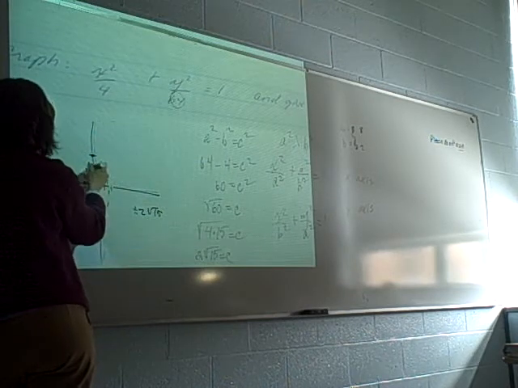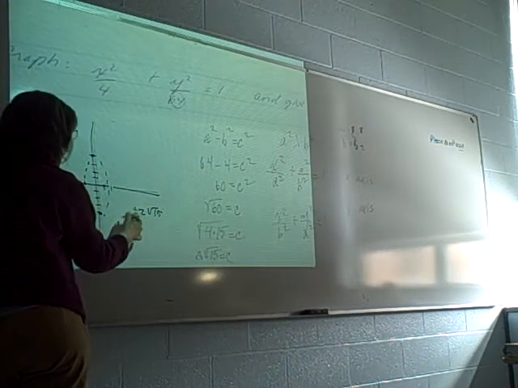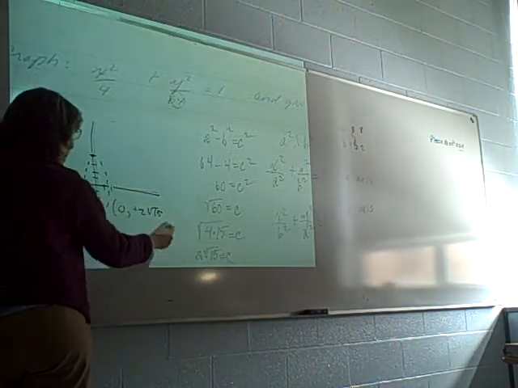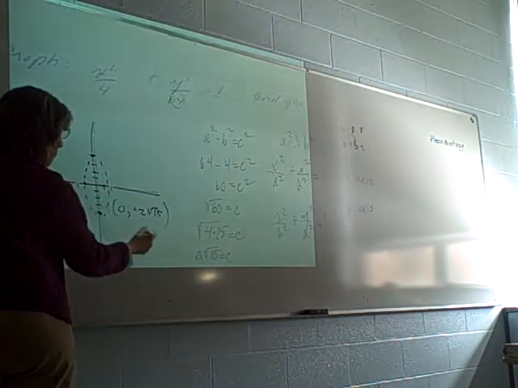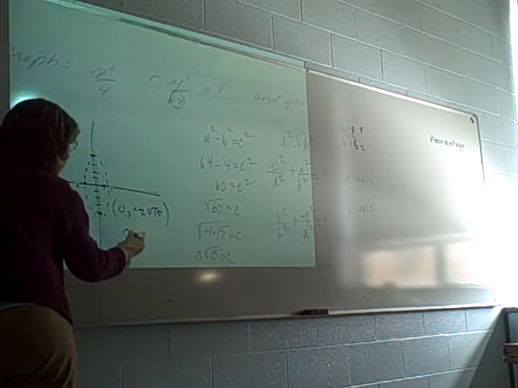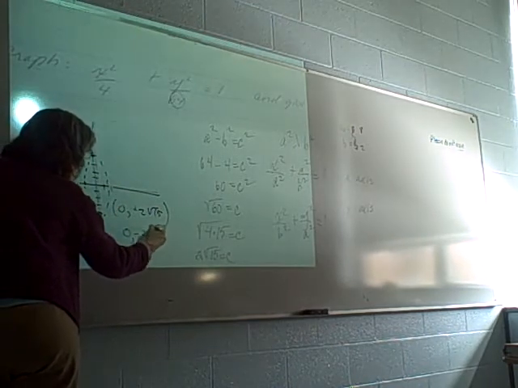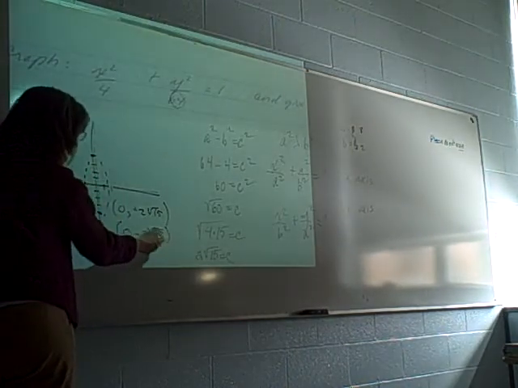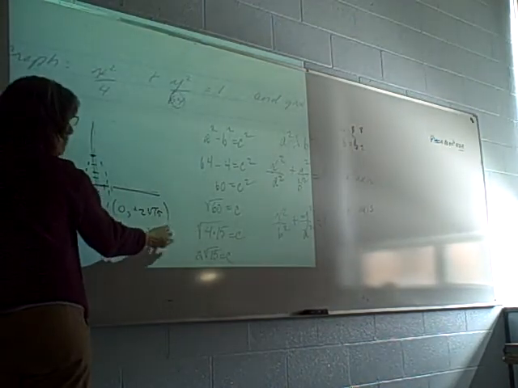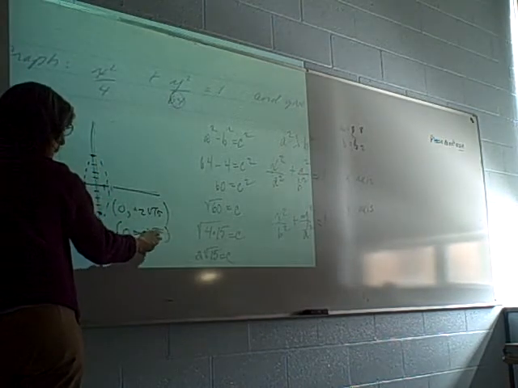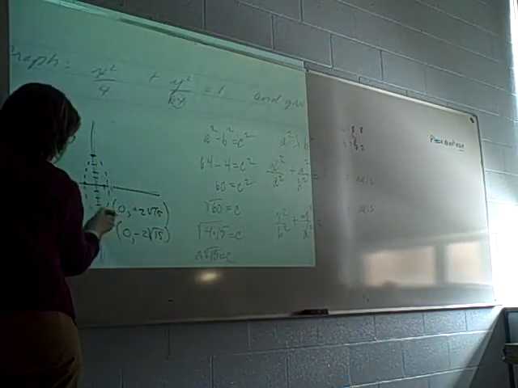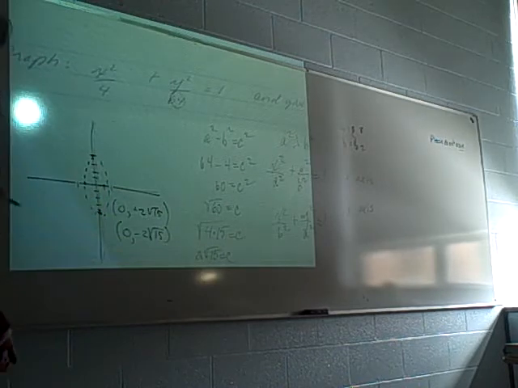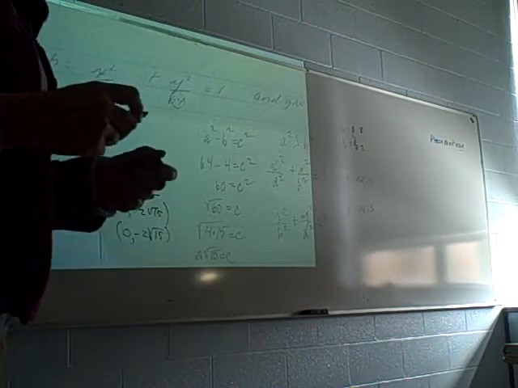So when x is 0, y is a positive 2 rad 15, and when x is 0, it's going to be a negative 2 rad 15. So somewhere in here is my foci, a plus and a minus. Okay.